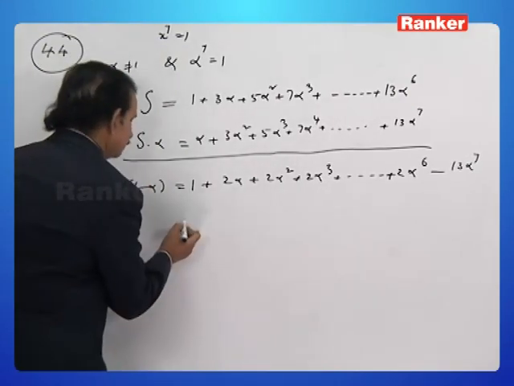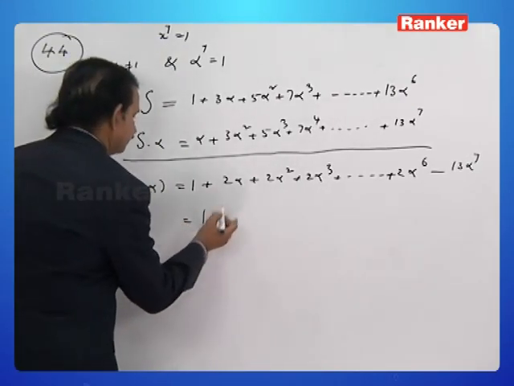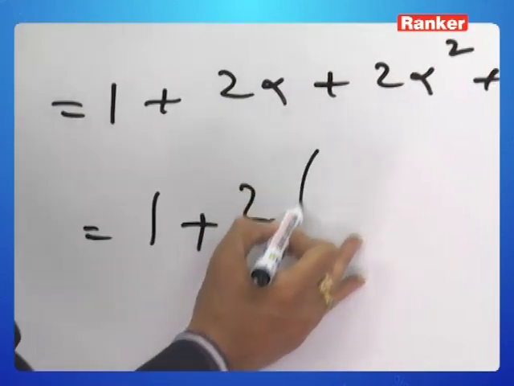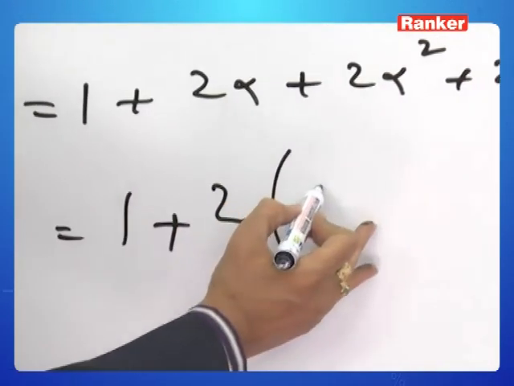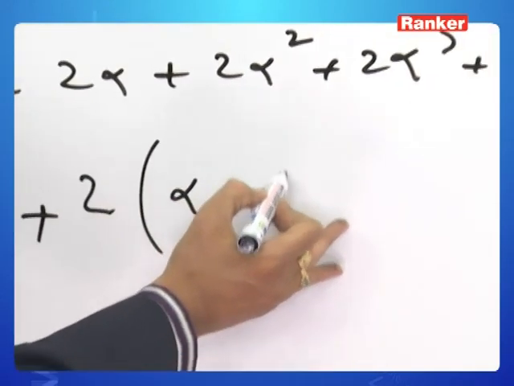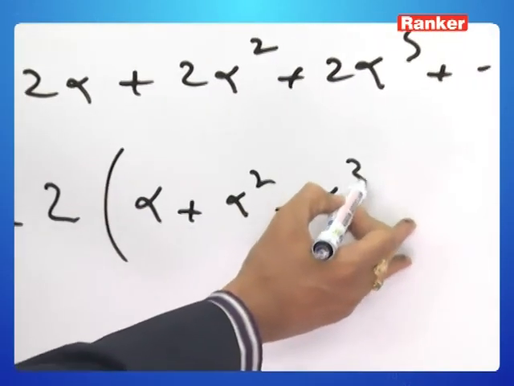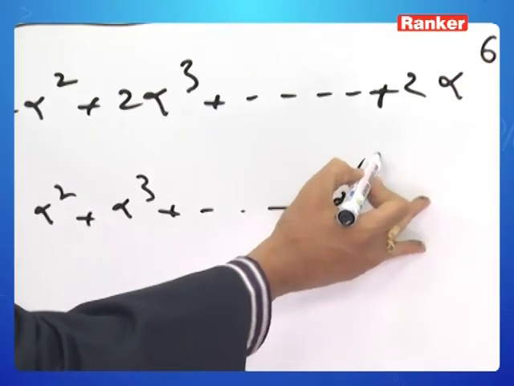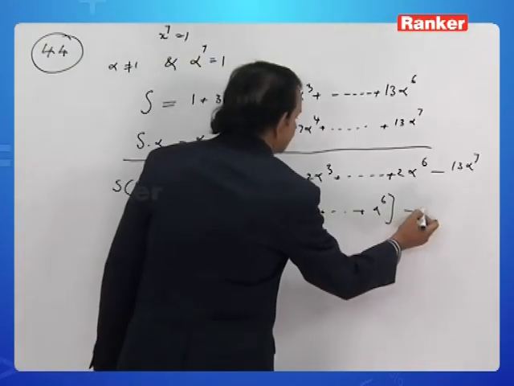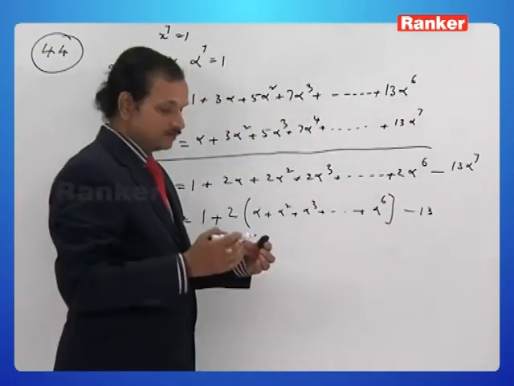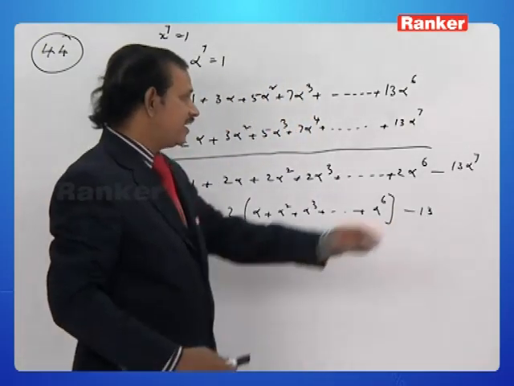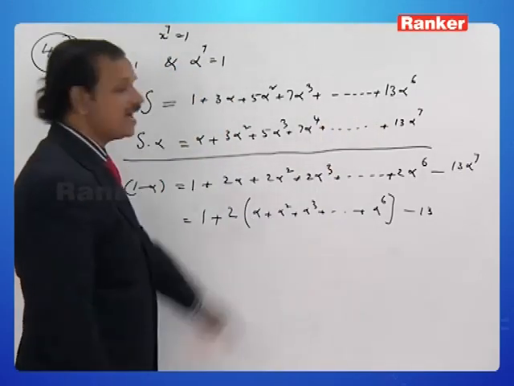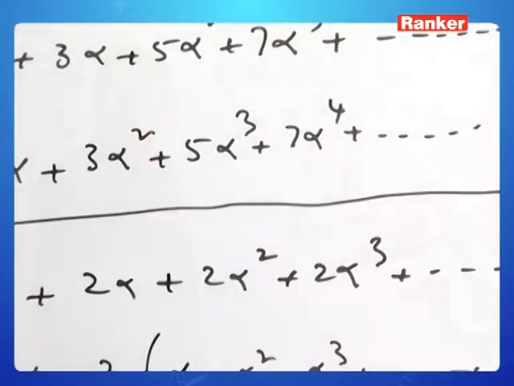That is equal to 1 plus, let me get 2 as a common factor, 2 times alpha plus alpha square plus alpha cube and so on up to alpha power 6, minus 13 alpha power 7. Well, alpha power 7 is 1. I can make use of that.